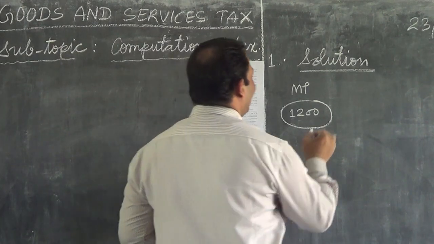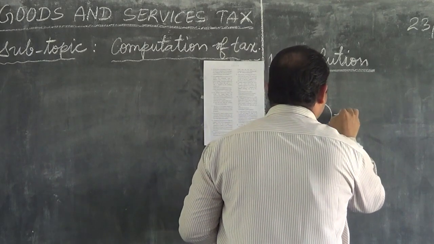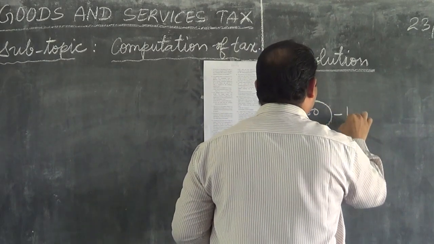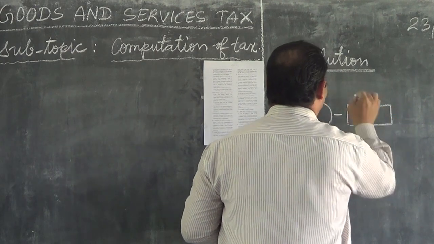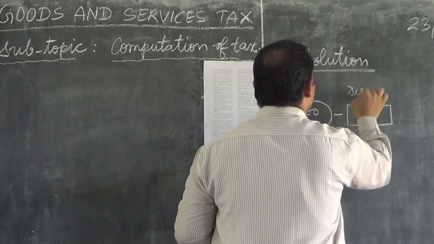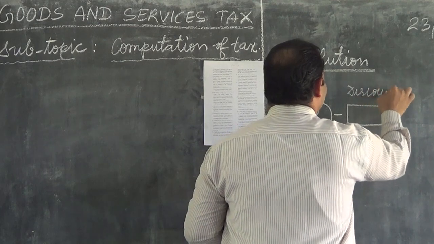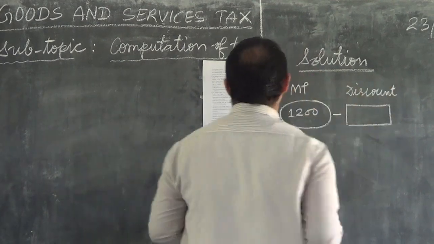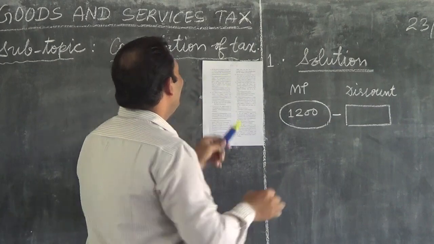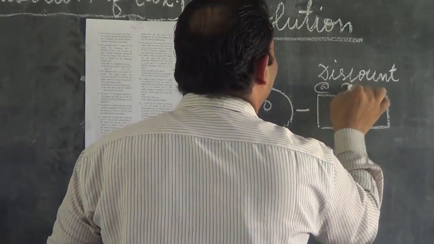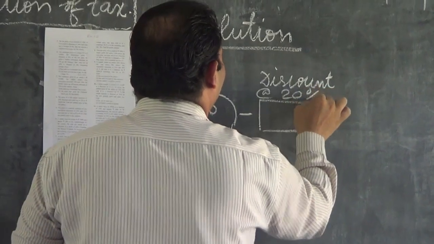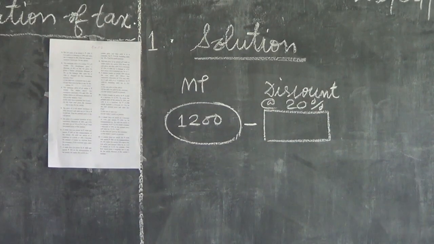MP is 1200 and from here you have to subtract something. Minus I have put here. Minus discount. Discount at what, children? 20%. A 20% discount is given.